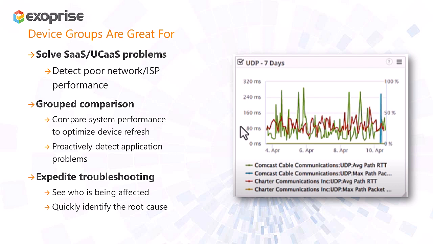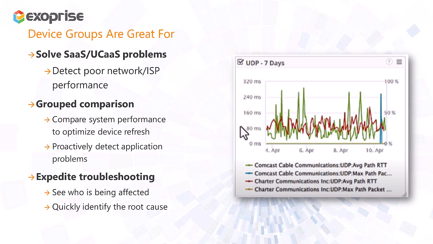This will allow you to quickly compare performance of one group to another and drill down into each group to see which device is performing the worst and in what aspect. You'll also be able to prioritize improving the performance of devices in groups that are struggling. You can benchmark the ISP and network performance of groups over a specified period of time, which is great to know if an environmental change made is improving or making the experience worse.